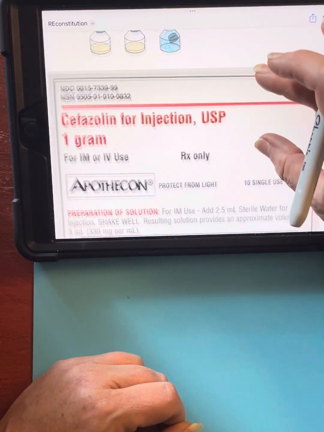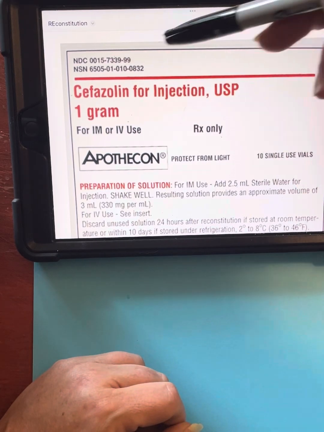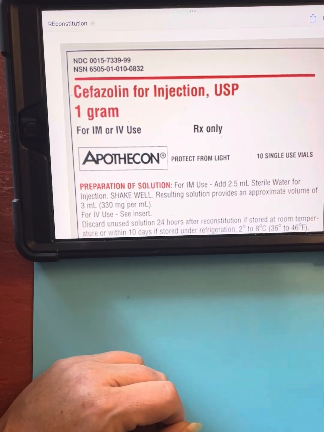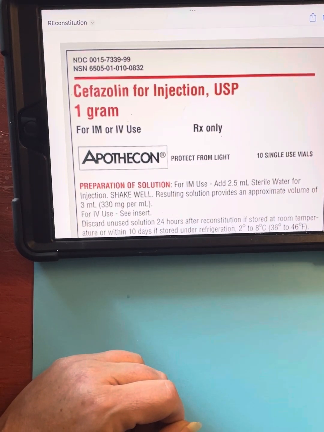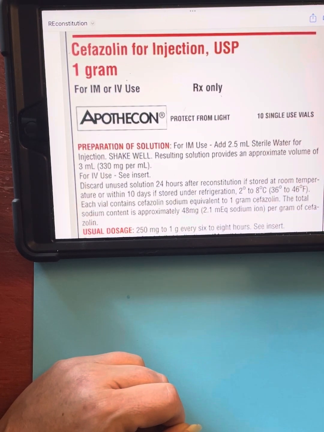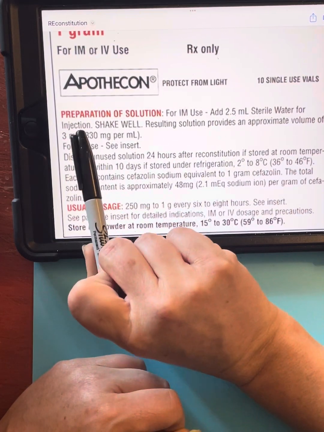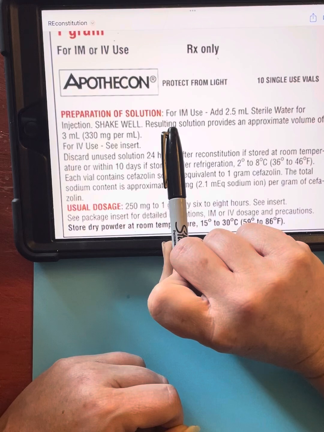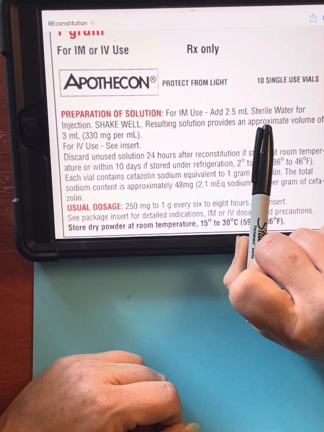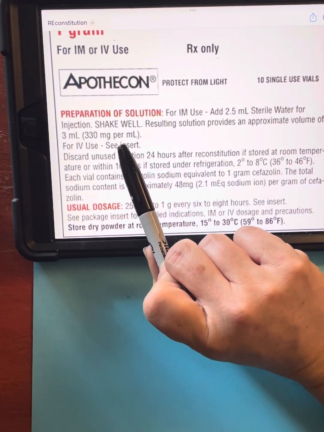So that's why you have to learn this stuff, and you have to become familiar with a label. So this is cefazolin, it's injection. You see, it's not oral, it's for injection. There's 1 gram in this vial, okay? And then you have to come to the little print. Sometimes it's sideways, but it's gonna tell you what you need to know. Preparation for solution. For IM use, add 2.5 milliliters of sterile water for injection and shake it well.